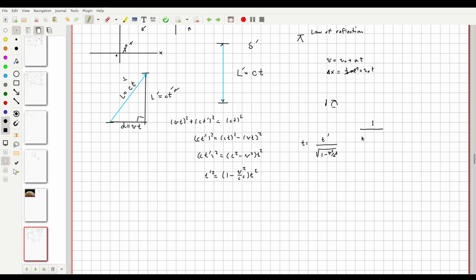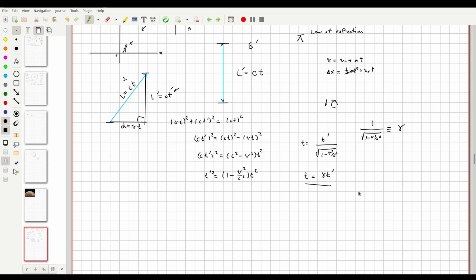One over the square root of 1 minus v squared over c squared is defined to be something called gamma, which is used in relativity all over the place. So there you go. That's the relationship between the times.